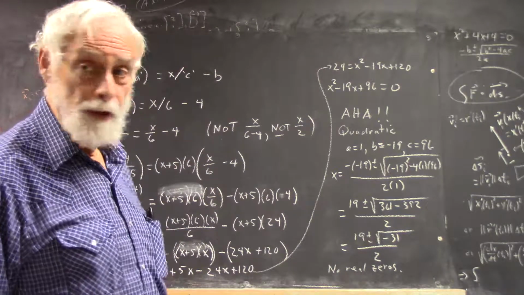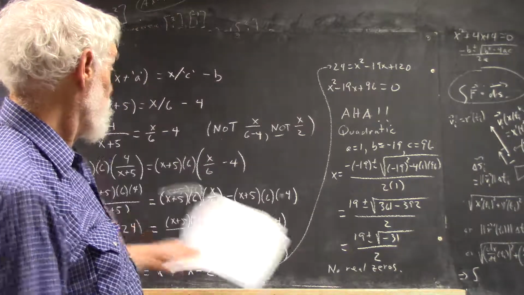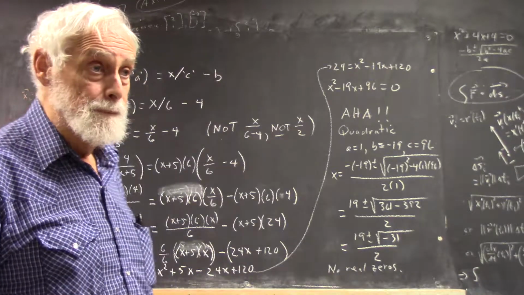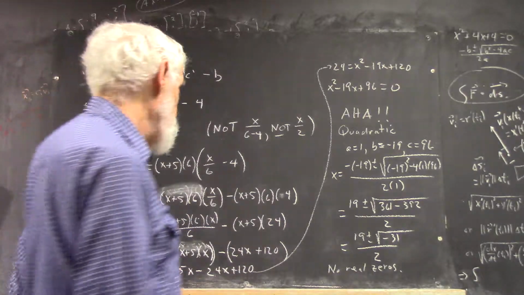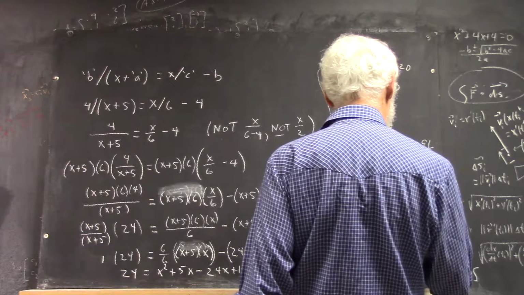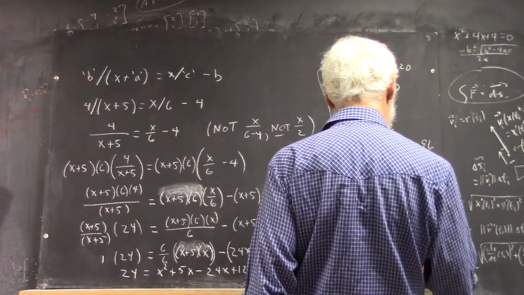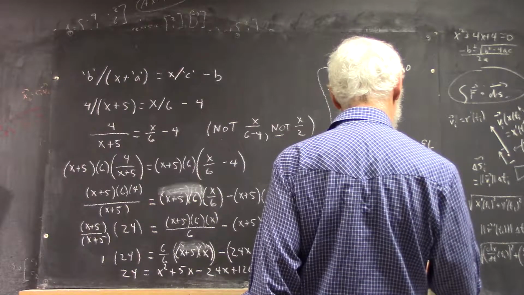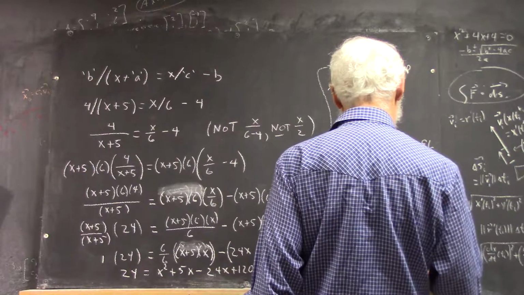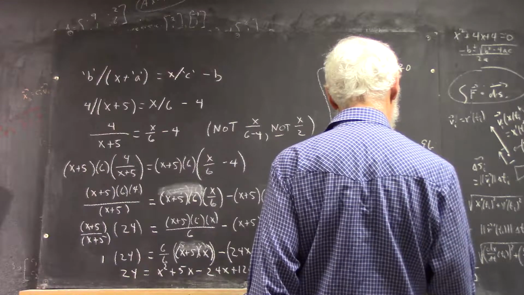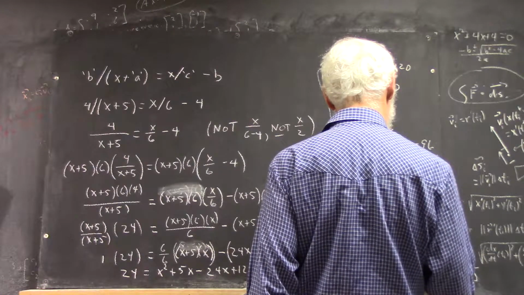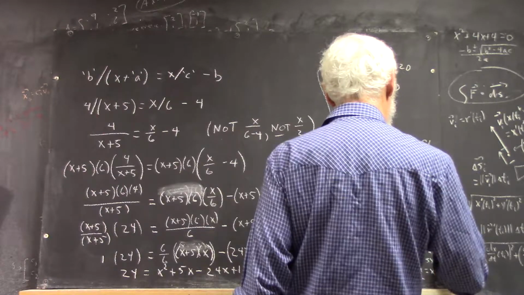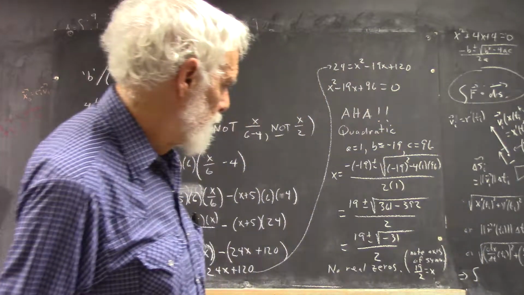That I would like to see but isn't required if all I'm asking you to do is solve the equation. I would also note the axis of symmetry is where x equals 19 halves.